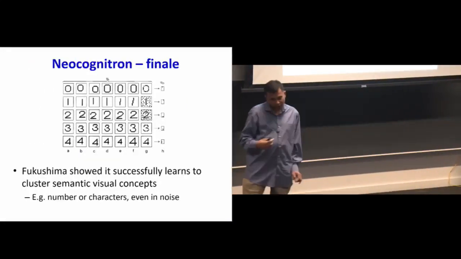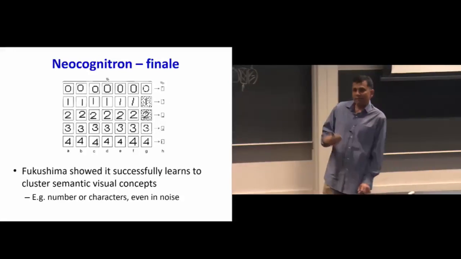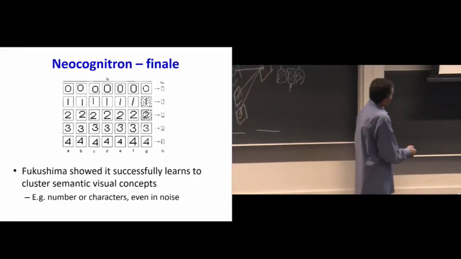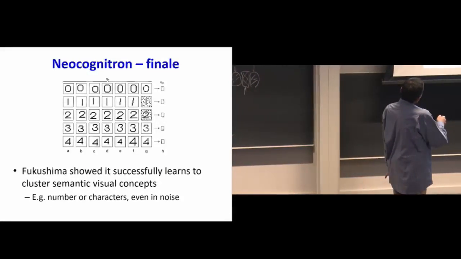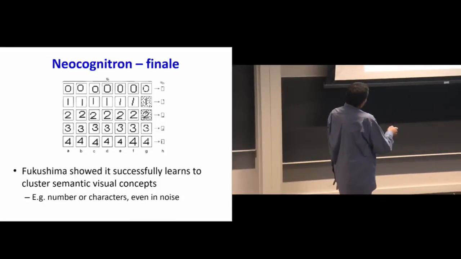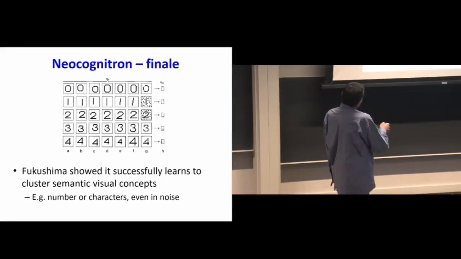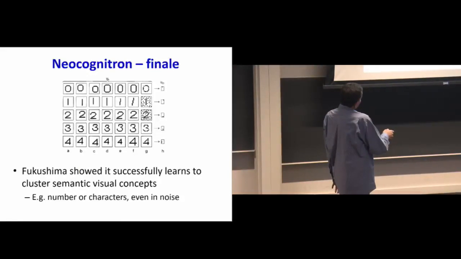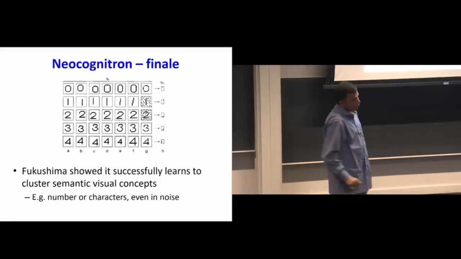And he also showed that if you give it many different patterns, specifically he used digits. Now, this is what is seen by the retina. When you get to the third layer, you can see that when 0 is the input in his example, only this cell fires. When the input is 1, only this cell fires. When the input is 2, only this cell fires.